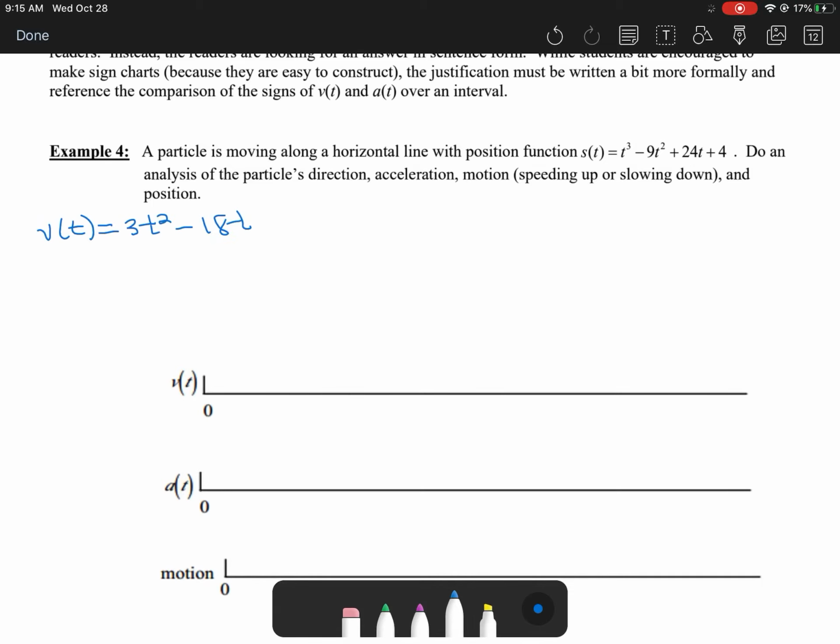Okay, so that is 3t squared minus 18t plus 24. Well, now I need to figure out, when is v of t equal to 0? So your velocity is equal to 0 when... So I'm going to go ahead and factor that out. So I can take a 3 out.